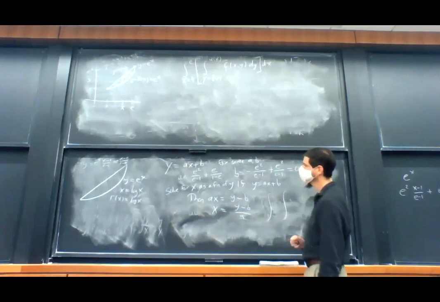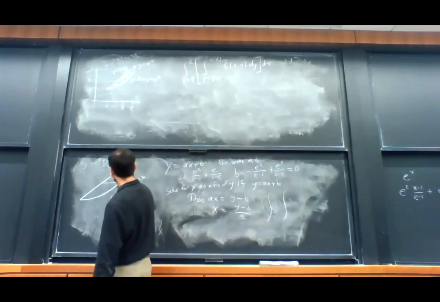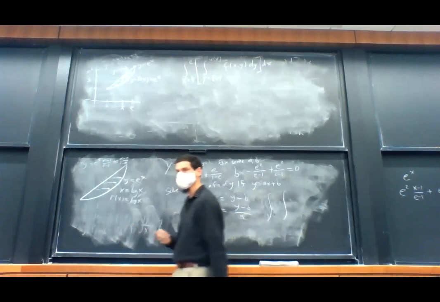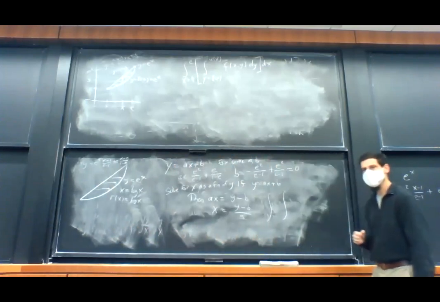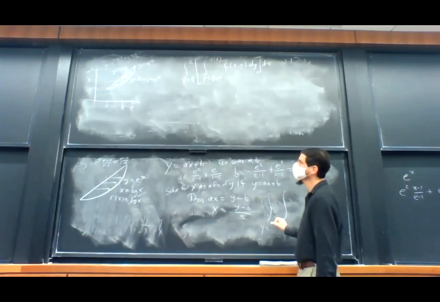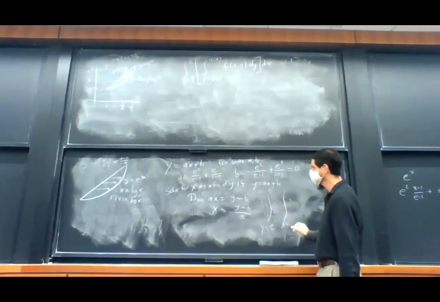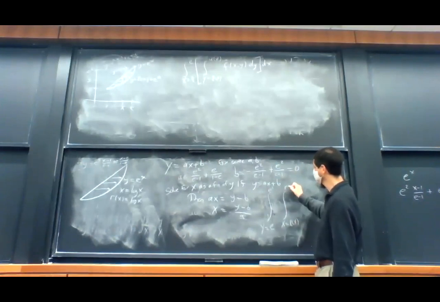Now we're going to be integrating this way. We fix a y, and then we have x change. So y goes from the bottom, which is e, all the way up to e squared. And then x goes from the left curve to the right curve.